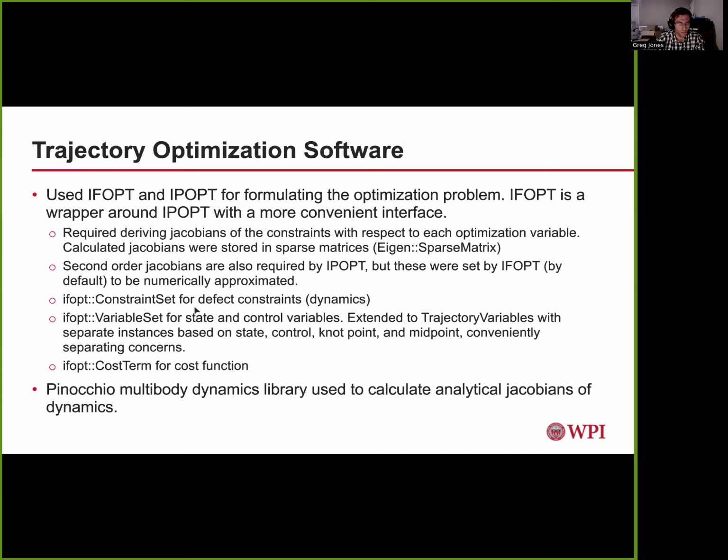And then there were three classes that were extended to make defining the problem useful. So they included the constraint set that was used for the defect constraint, and then the variable set was extended to create a trajectory variables class, and that was used for a number of state and control classes, which also differentiated based on whether they were for midpoint values or non-midpoint values, which made it easy to separate them.